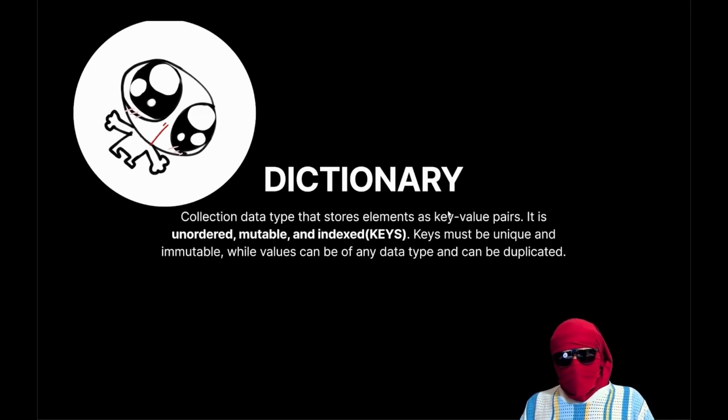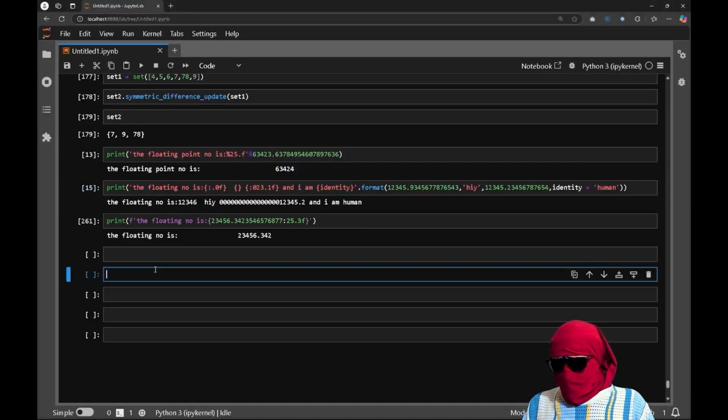Instead of using index numbers, you can use the keys to access the values. And it's mutable in the sense you can remove key value pairs and you can add key value pairs. So coming on, let's take an example.